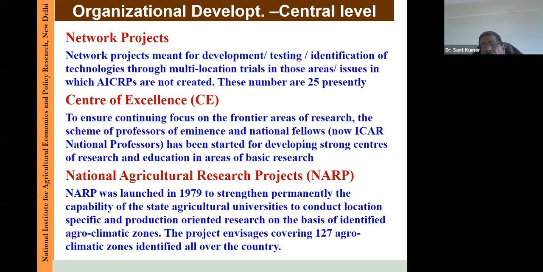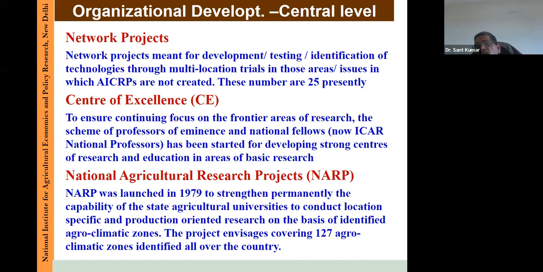Network projects were also initiated where the AICRPs were not present. The idea was the development, testing, and identification of technologies through multi-location trials in those areas where the AICRPs were not present.